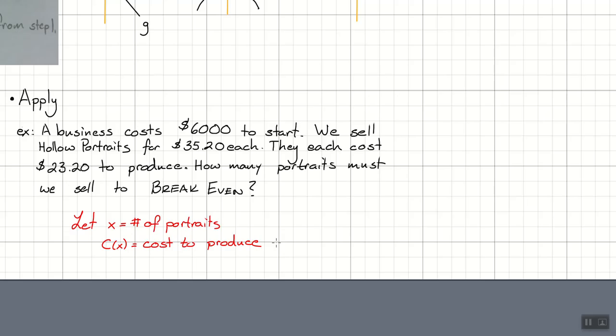It starts with an R: revenue. So I'm going to use C of X as one function. This is just Y, but I want to be more specific contextually. C of X is the cost to produce X portraits. And I'm going to use R of X equals the revenue from X portraits.